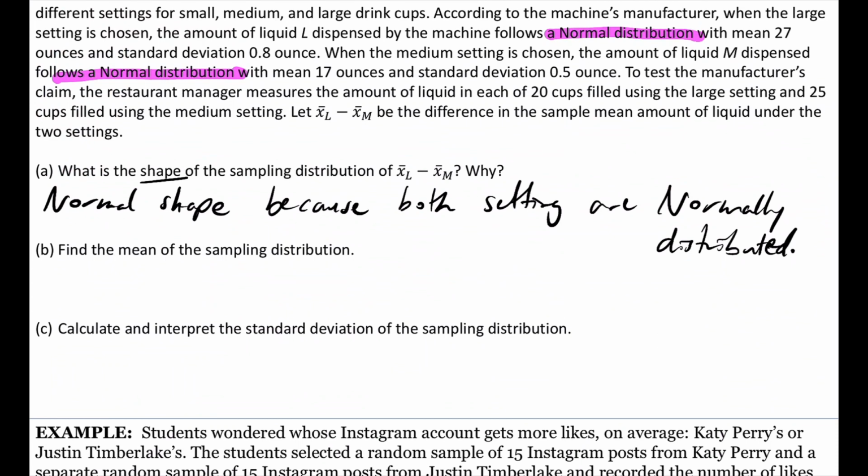Since we're doing L minus M, what is L? 27 minus 17 equals 10. Okay, 10 ounces.